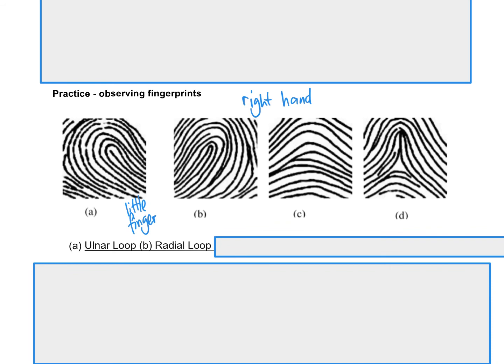It loops towards the thumb, the thumb side. As for C, easy, you can recognize, it is the plain arch, simple arch. As for D, again, you should be able to observe the arch going up and down and this part that is pointing upwards. So this is the tented arch.